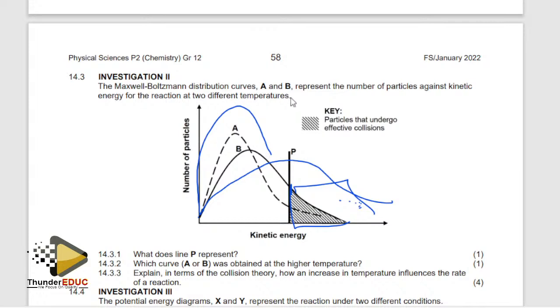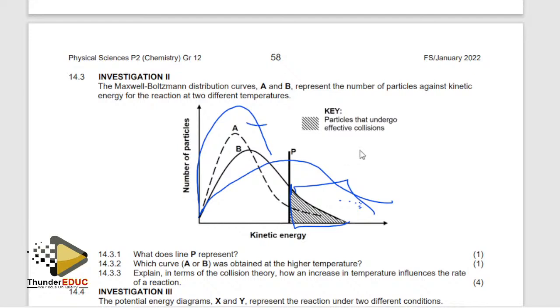Now when they ask you how do you explain the reaction using the collision theory, or the increase in temperature or catalyst, please make sure that you know. When you explain this, there are some things we are looking at.